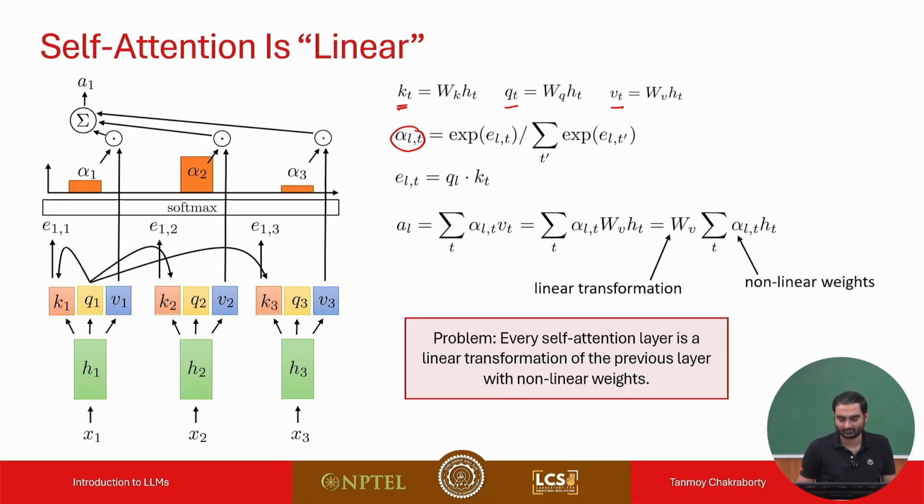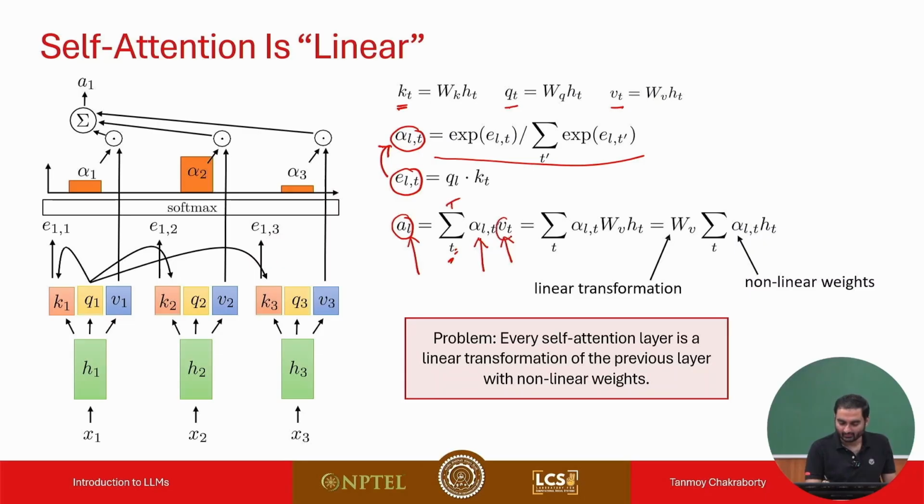ELT is the similarity dot product, and alpha LT is computed after this, which is the softmax output. The attention vector is the weight times the corresponding value, alpha LT times VT. This ranges over T. T indicates the keys and L indicates the query, or values, whatever. All these positions. So T ranges from 1 to T.